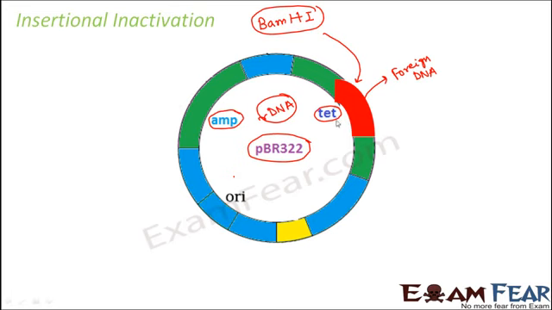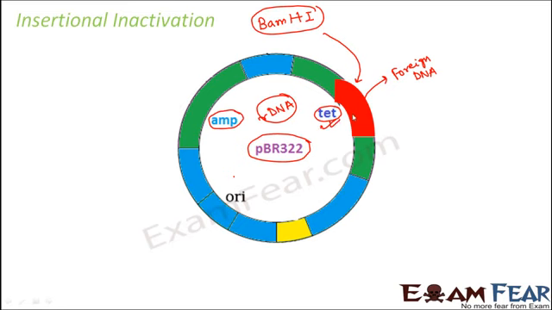The tetracycline resistance gene is being replaced by the foreign DNA. Due to the foreign DNA, the recombinant plasmid lost the tetracycline resistance gene. So the gene which used to provide resistance against the antibiotic tetracycline is lost. We do not have that gene.